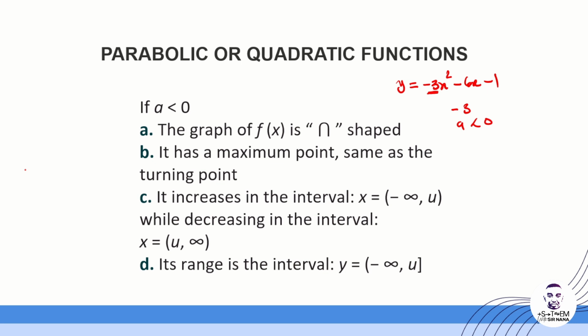Then that graph is shaped like the intersection sign. And it has a maximum point. The maximum point is the point where it reaches its apex.